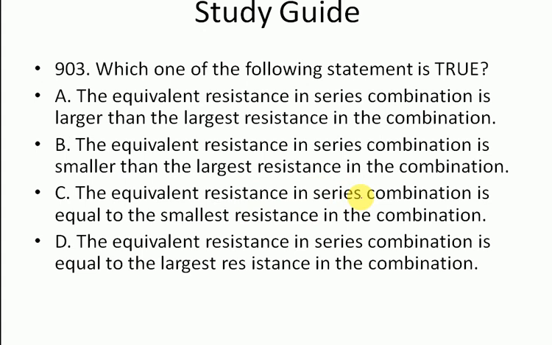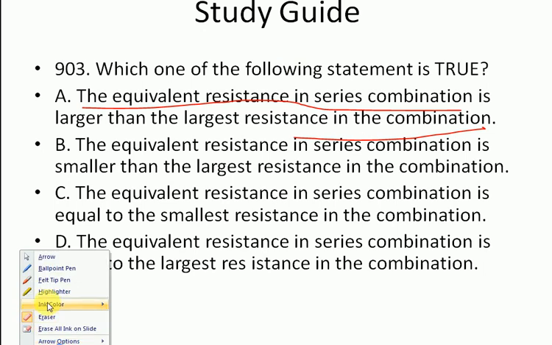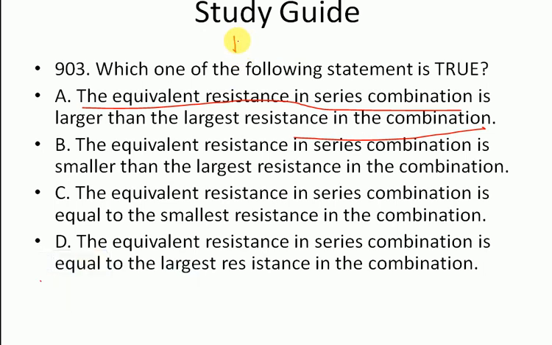Which one of the following statements is true? A very simple and conceptual question. Let us start with each and every one. The equivalent resistance in a series combination is larger than the largest resistance in the combination. Now, a very simple thing: if one resistance is 5 ohm and another is 10 ohm, what will be the equivalent?